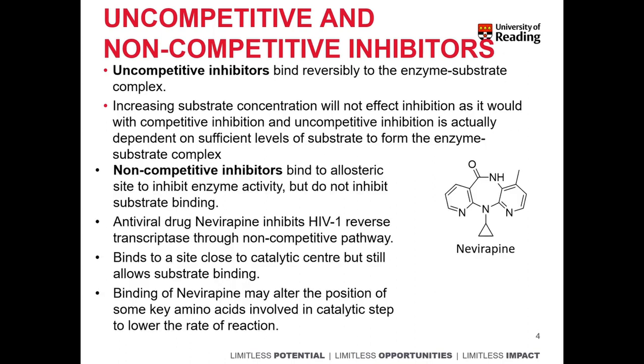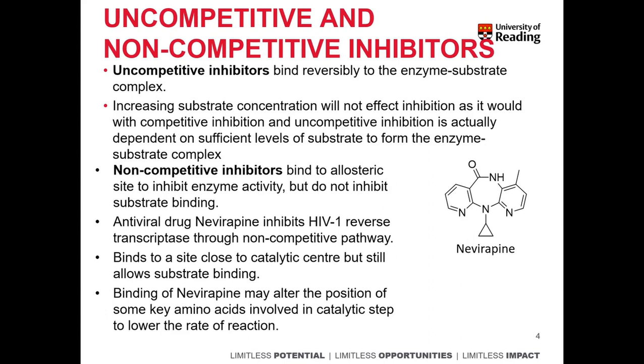Now, non-competitive inhibitors bind to allosteric binding sites. Now, they bind and inhibit enzymatic activity, but they do not inhibit substrate binding. So what this means is that they change the enzyme in such a way when they bind that the enzyme is unable to complete the chemical reaction.